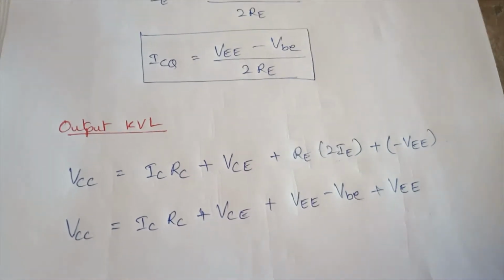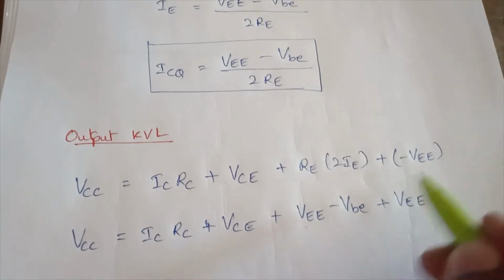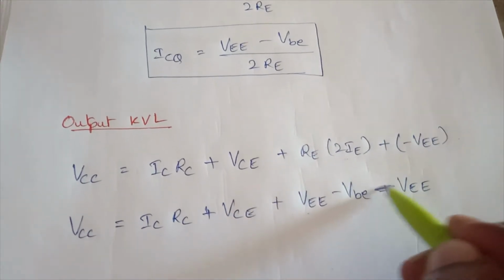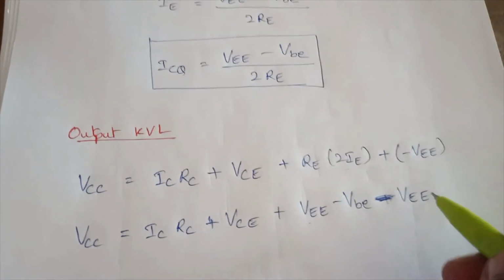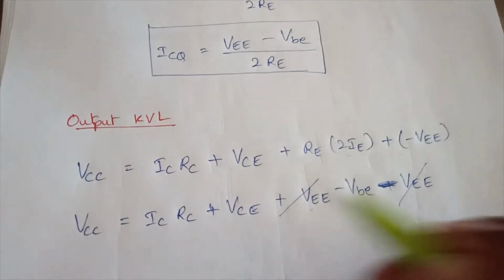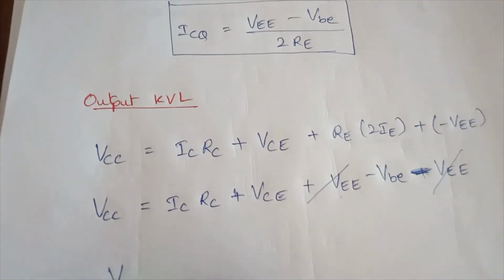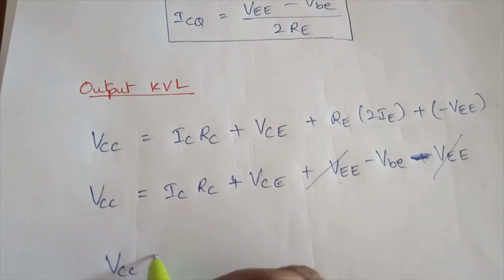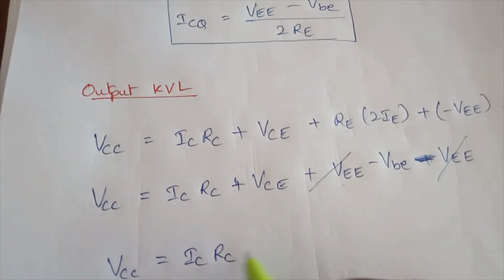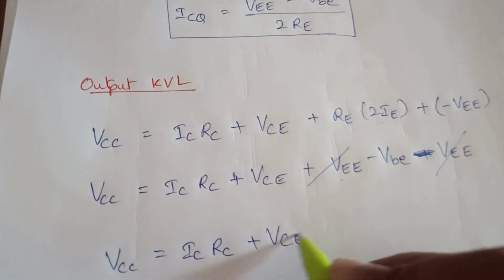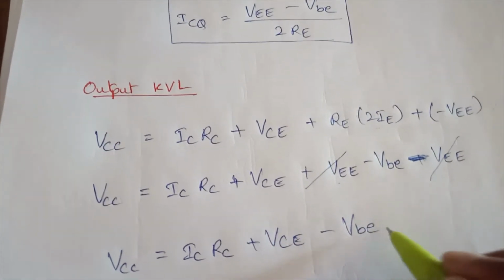So this is plus VEE, sorry, plus into minus, minus, this is minus VEE. Therefore minus VEE plus VEE get cancelled. We are getting VCC is equal to ICRC plus VCE minus VBE.